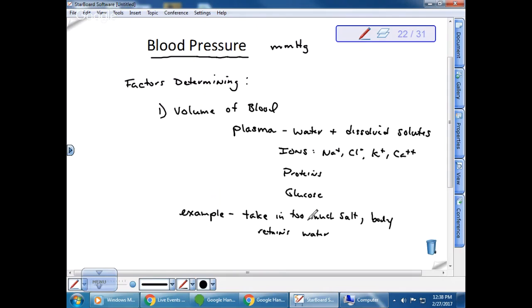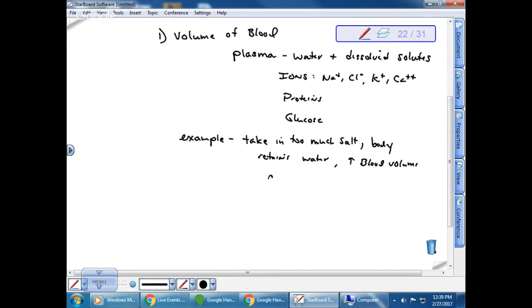So your body retains water in order to dilute the sodium and the chloride, and so this increases blood volume. So what can that do? That can cause hypertension.